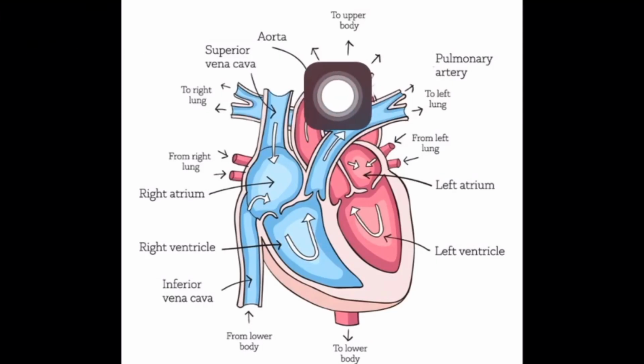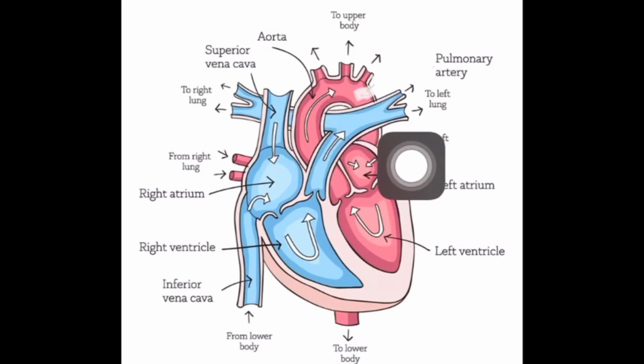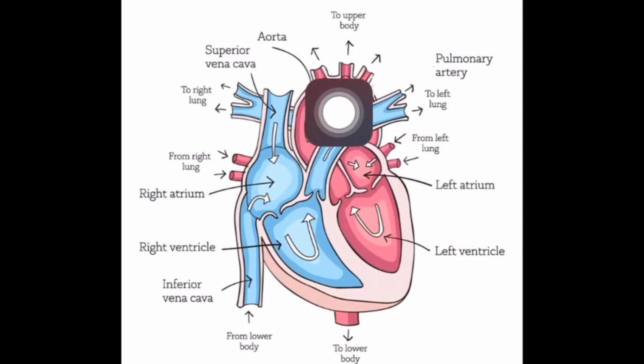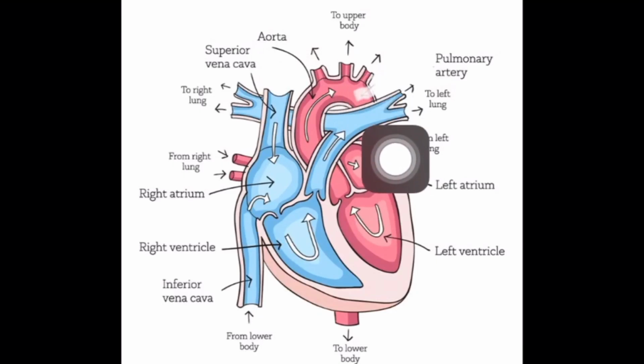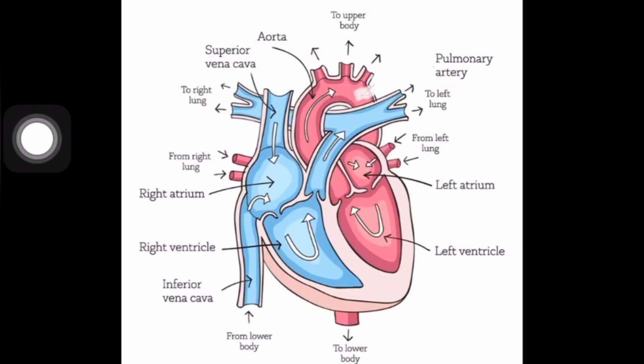Along these arteries the blood goes to the upper part of the body, and along this other tube, on the lower side of the heart, the blood goes to the lower part of the body.